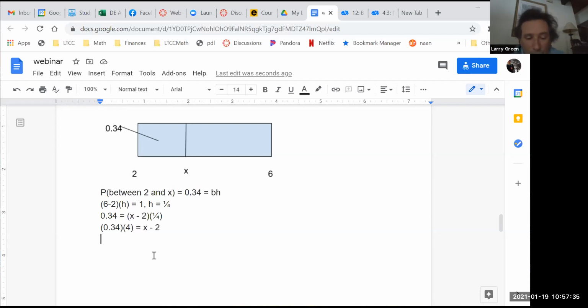So we get 1.36 is equal to x minus 2. And now, hopefully you all know what to do to get x by itself. Add 2. So I add 2. 2 plus 1.36 is 3.36, equal to x. Any questions on that?